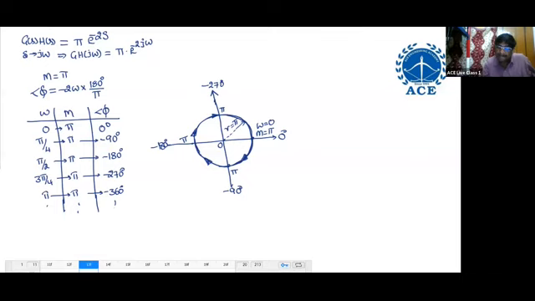Completed? Correct. Circle with the radius of pi.